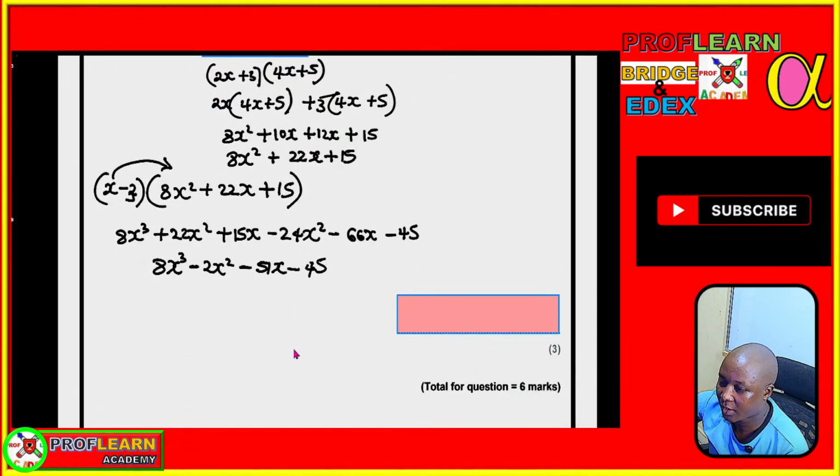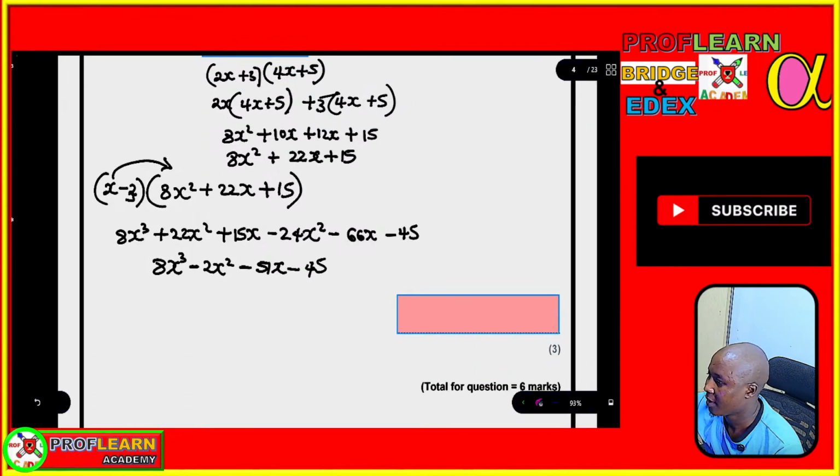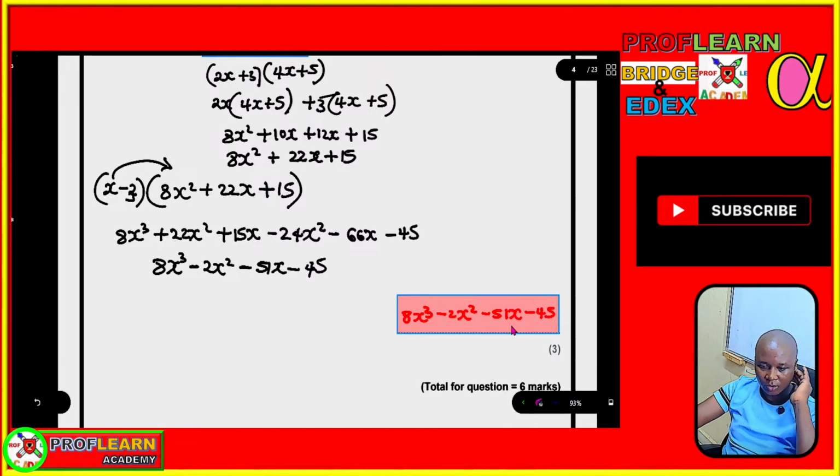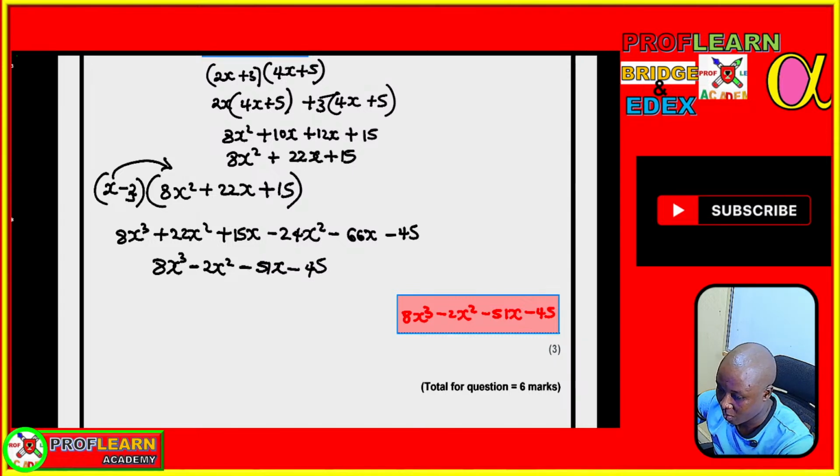So our answer, that's what it was reducing to. Write in the comment section if you are able to get that. 8x cubed minus 2x squared minus 51x minus 45. So basically that's what we were supposed to get at that given part.